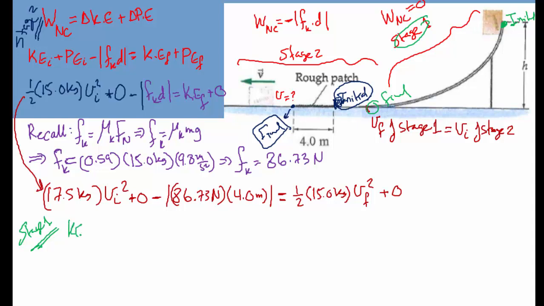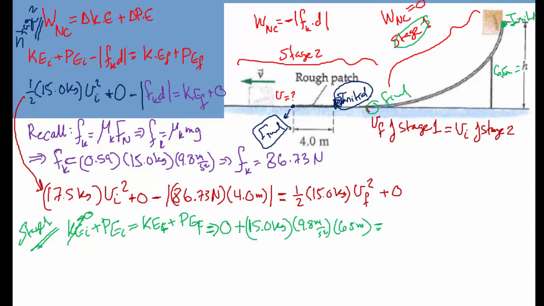Hence, the initial kinetic energy plus the initial potential energy is equal to the final kinetic energy plus the final potential energy. And now we can go ahead and apply the formulas and at the same time plug in the numbers for stage 1. The initial kinetic energy is 0, where the box was dropped from rest, and the initial potential energy is the weight times the height, which is 6.5 meters.